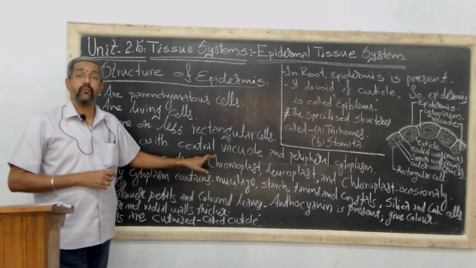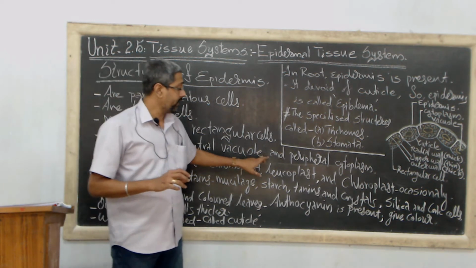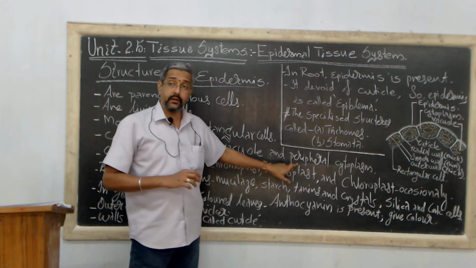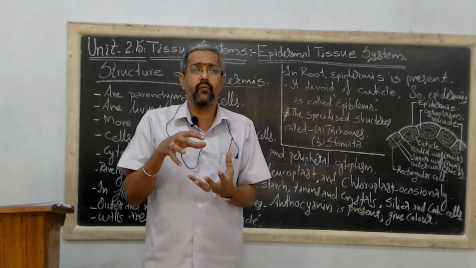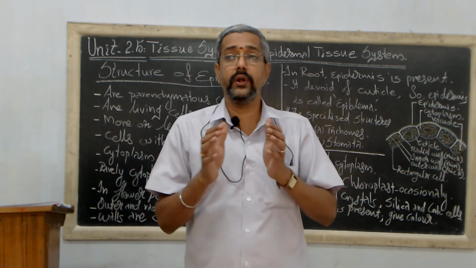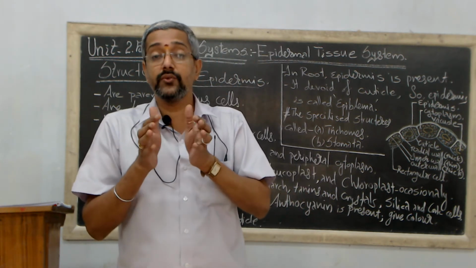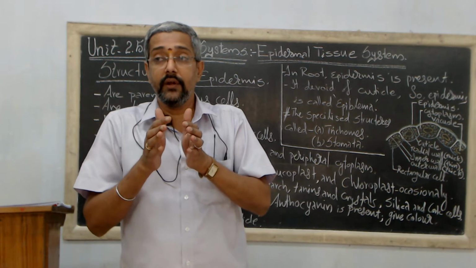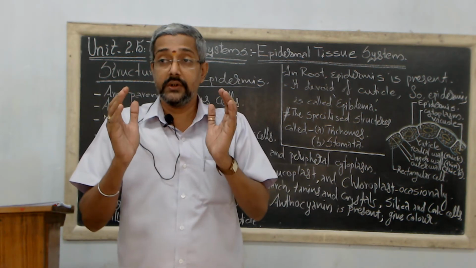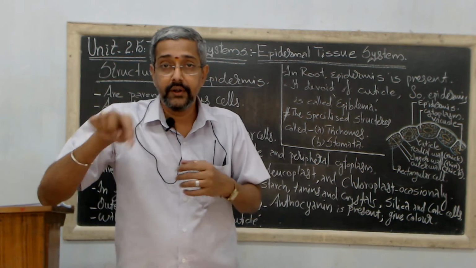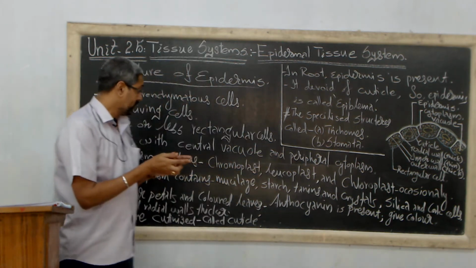The cells are vacuolated and contain peripheral cytoplasm, because the vacuole is differentiated at the center of the cell, and that is why the cytoplasm is pushed apart from the center. So the cytoplasm is oriented in the outer region.